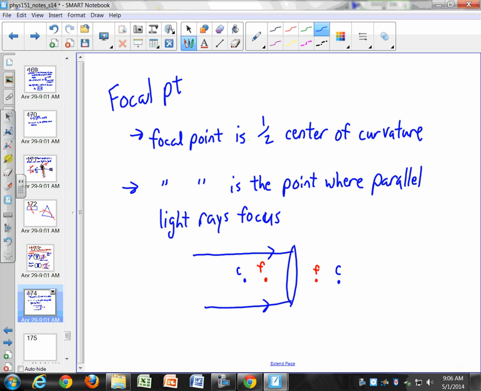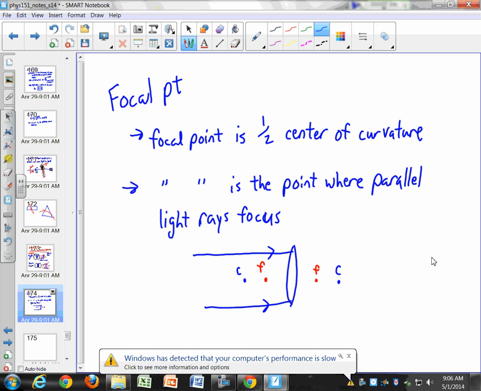But it doesn't have to be that far away. Like light rays that are coming from the back of the room are also parallel by the time they reach me, basically. All right, so these parallel light rays will focus at the focal point. That's where they cross.